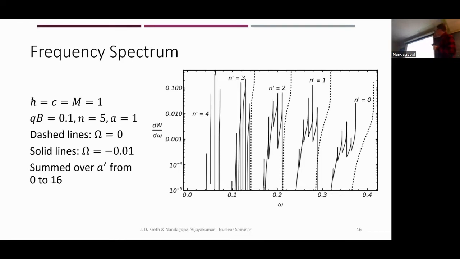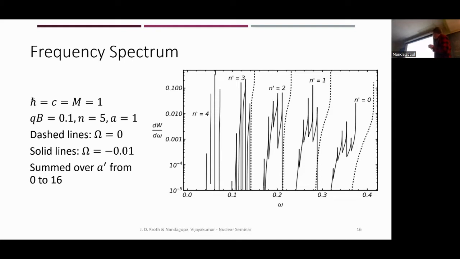Each final state n prime corresponds essentially to an island of peaks in this spectrum, and each of these peaks corresponds to a specific final a prime value. Because we have lifted the degeneracy in m, represented by having only one line for each n prime, we now have no degeneracy in m or a, and so we have a dependence of the emitted photons on that number.